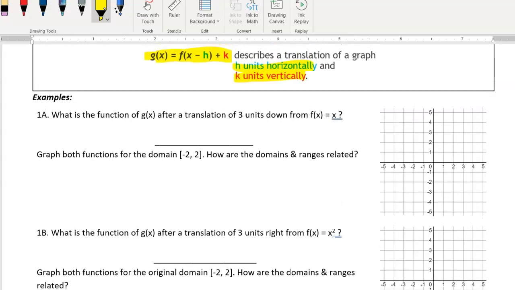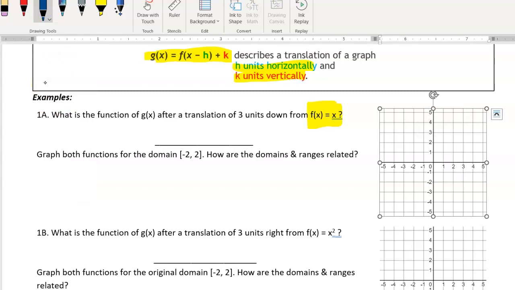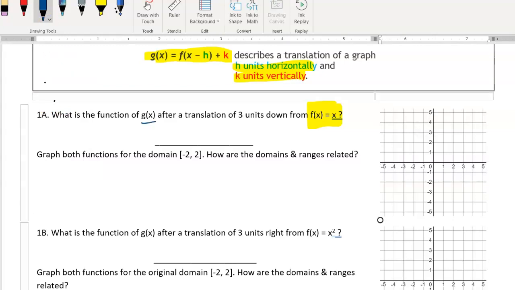So let's look at this first example. It says, what is the function g of x after a translation of 3 units down from f of x equals x? All right, so we have our equation in function notation, f of x equals x, and we're going to come up with a new function, g of x, that's going to represent moving it 3 units down.